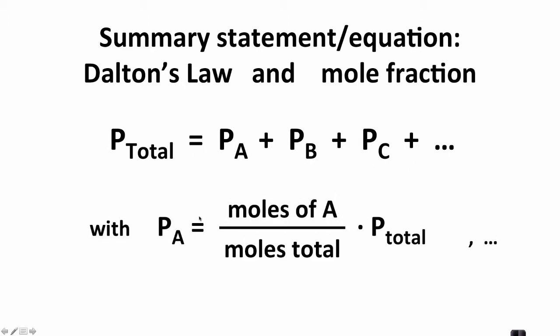And the pressure of one gas, the partial pressure in this case of gas A, is the mole fraction of A times the total pressure. So it's moles of A divided by moles total, that's the mole fraction of A, times the total pressure. And then the same would be true for B, except it would be pressure of B is moles of B over moles total times pressure total, etc. And so that ratio, moles of a particular gas over moles total, is the mole fraction.